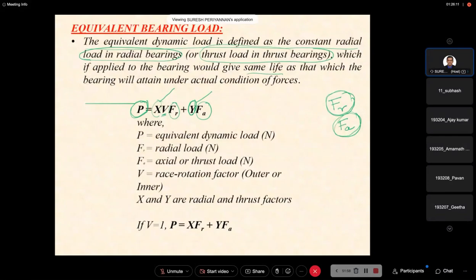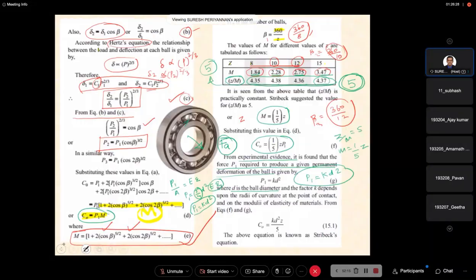V is the race rotation factor, for the outer or inner race, because where the radial load is involved, only there do we have to use the race rotation factor, as it depends on the radial load.